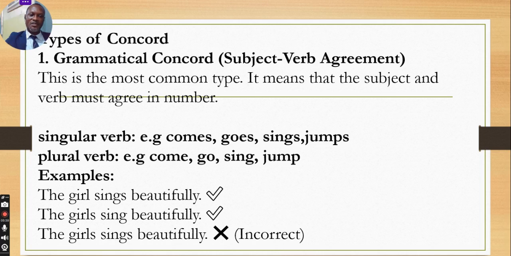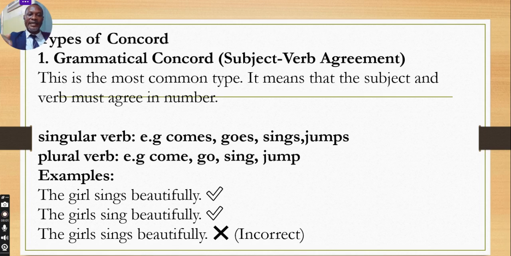Are you listening now? Singular subject, girl. And then we have singular verb, sings. Then beautifully in that place is an adverb. So that is a correct sentence. The girl sings beautifully, not the girl sing beautifully. I hope that is understood.